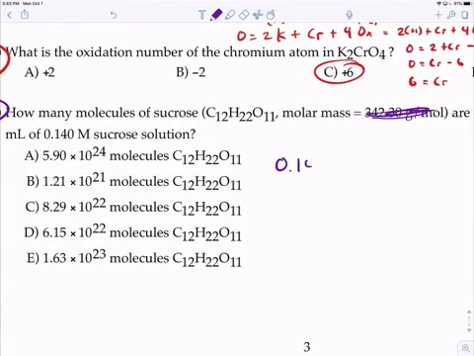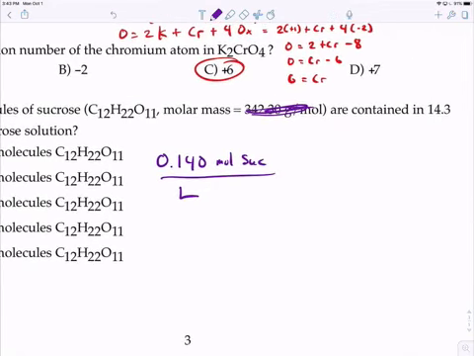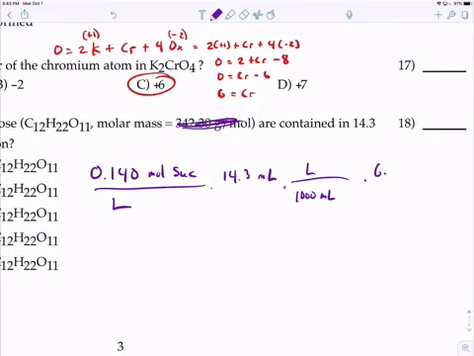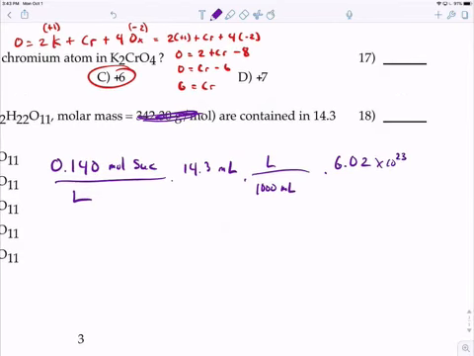0.140 moles sucrose per liter. And then we have 14.3 milliliters times liter to 1,000 milliliters, and it wants molecules, times 6.02 times 10 to the 23rd molecules sucrose over moles sucrose.